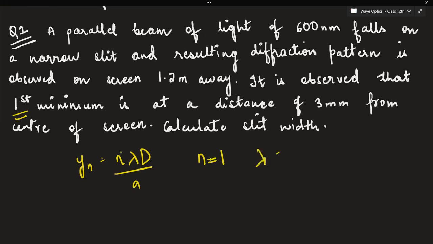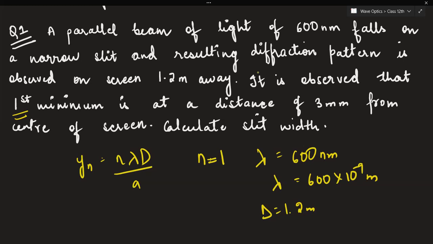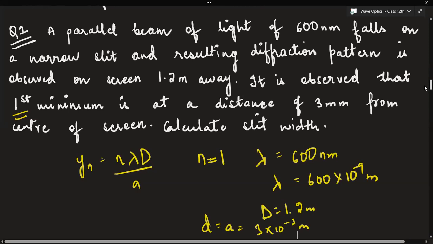Lambda is 600 nanometer, that is 600 into 10 to the power minus 9 meters. Capital D is 1.2 meters, and the separation of 3 millimeters, so small a here is 3 into 10 to the power minus 3 meters. We have to keep everything in the same units.